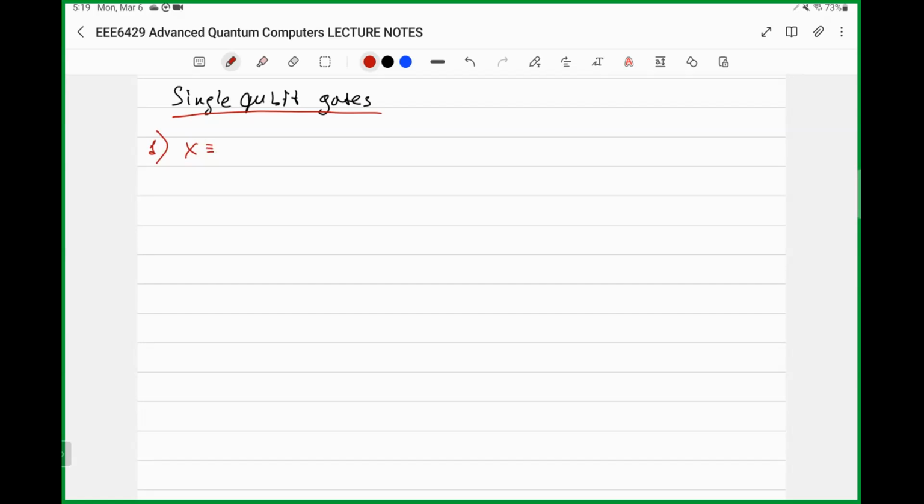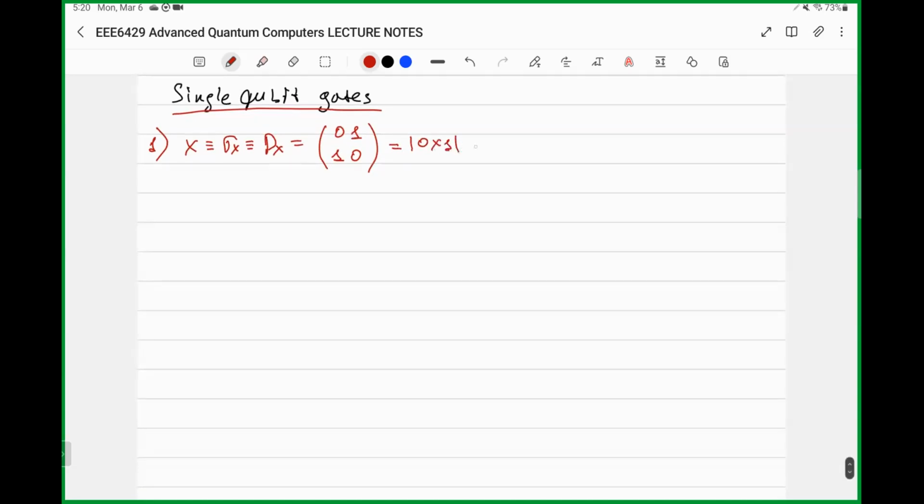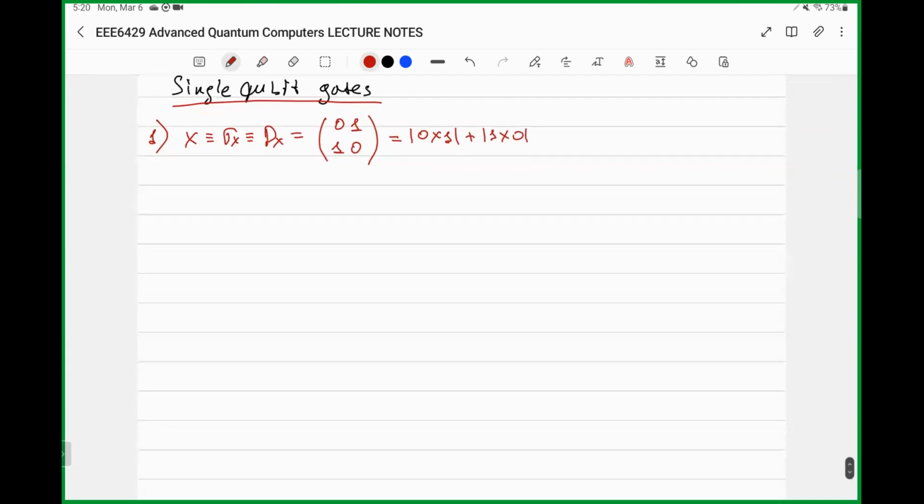We can denote it by sigma x, also sometimes denoted by P x. In the matrix representation it is represented by the matrix 0, 1, 1, 0, or in the outer product representation, |0><1| plus |1><0|. So that's pretty clear.